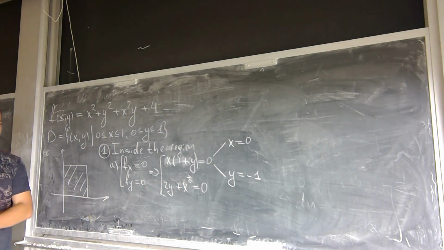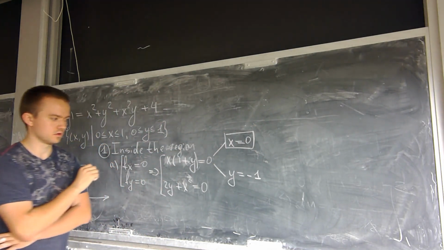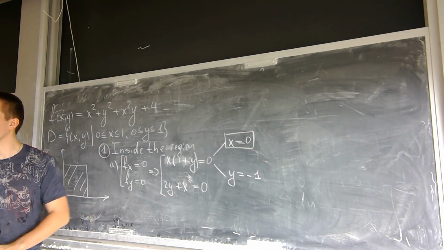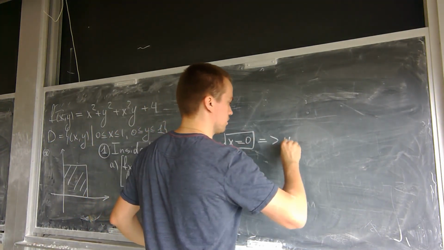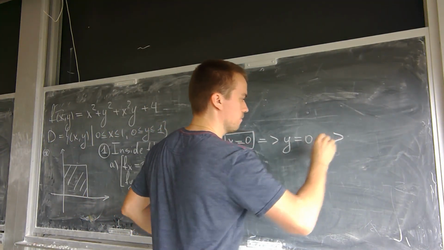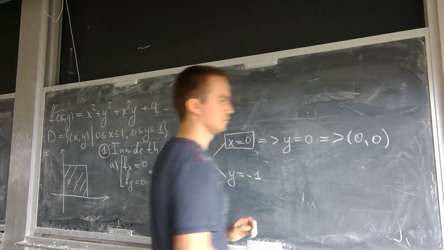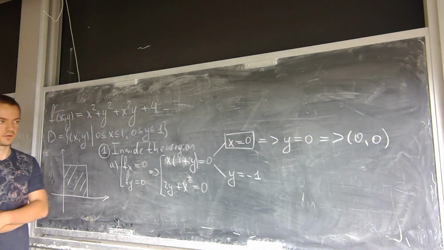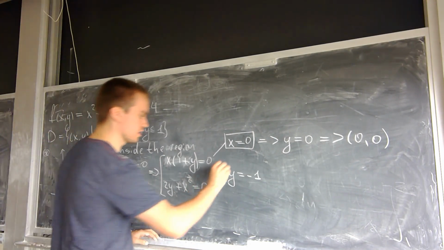Yes. When x equals 0, what am I doing next? Substituting x equals 0 into this equation. When x equals 0, I will get y equals 0. So I get the first critical point, (0, 0). Okay, what am I doing with my next option? The same.